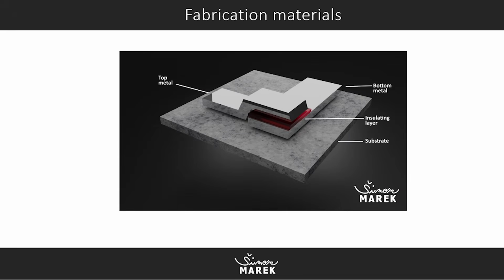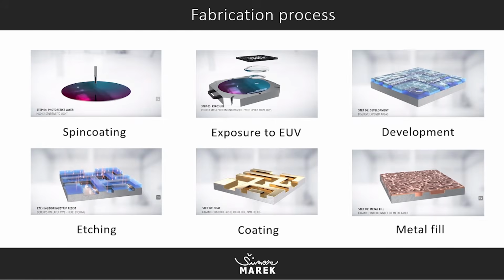These are the fabrication materials. You also have some top metals, bottom layers, and substrates. For substrates, we already talked about silicon and gallium arsenide. It's your choice. You don't have an insulating layer for Josephson junctions. We don't use Josephson junctions here as for quantum chips.